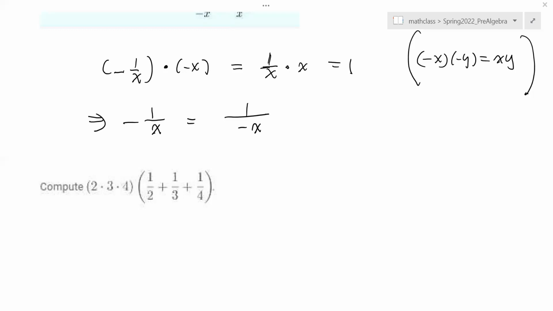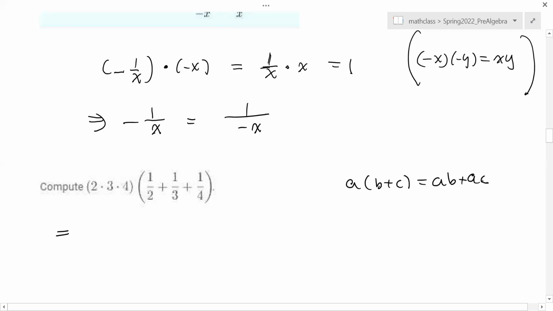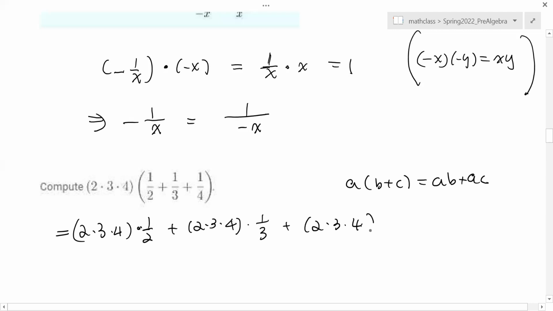You cannot combine them into one fraction because we haven't started fractions yet. So what you can do is apply the rule a times (b plus c) equals ab plus ac. This is the rule you can use. So it's 2 times 3 times 4 times 1/2, plus 2 times 3 times 4 times 1/3, plus 2 times 3 times 4 times 1/4.